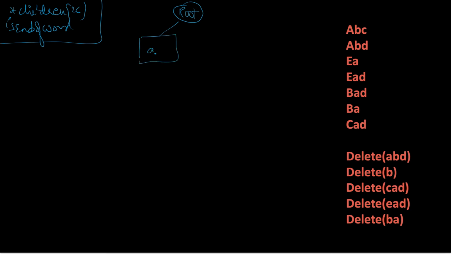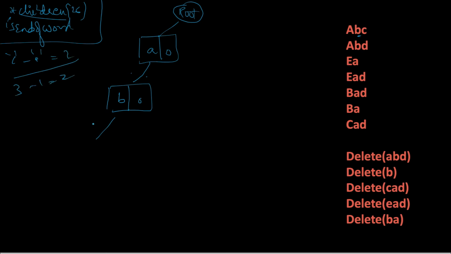So we create a node here, A, and it has the end of the word as 0. Further down, we do not have any node at the B index of this node, the 1st index, so we allocate memory there and set B's end of word to 0. Similarly, we go further level down in the trie. We check its children at the 2nd index, right, since C is 3 - 1 = 2. We see whether any node exists at the 2nd index. No, it does not exist. So we will allocate memory there and mark it as the end of the word.